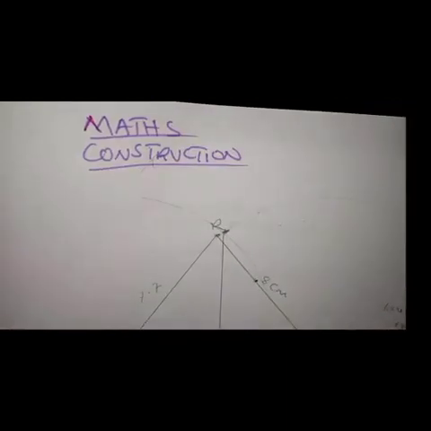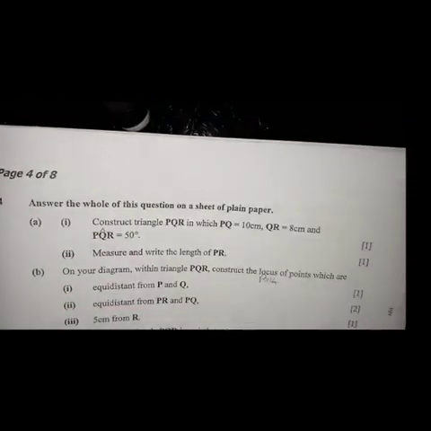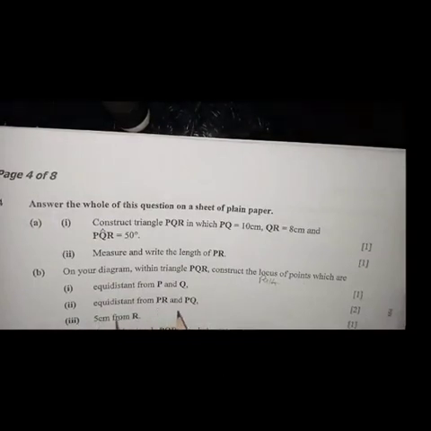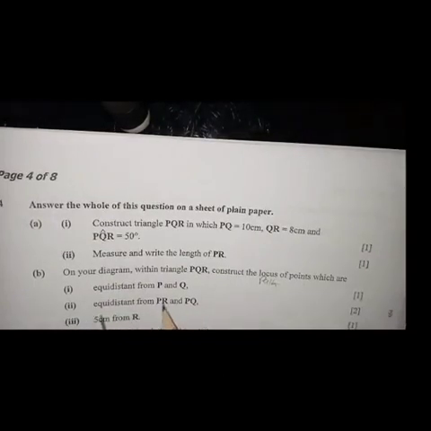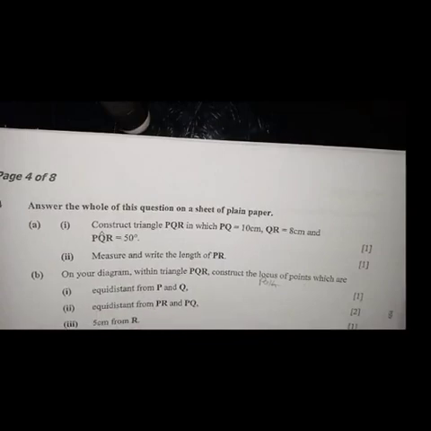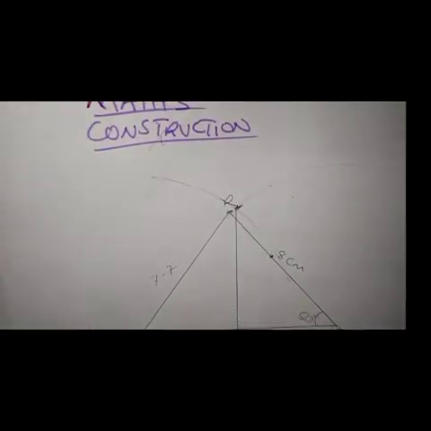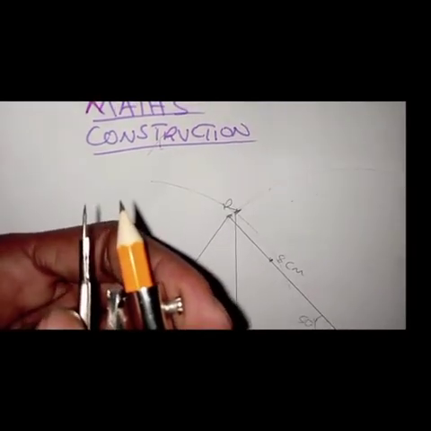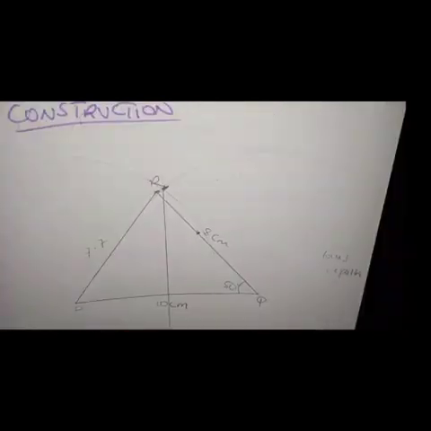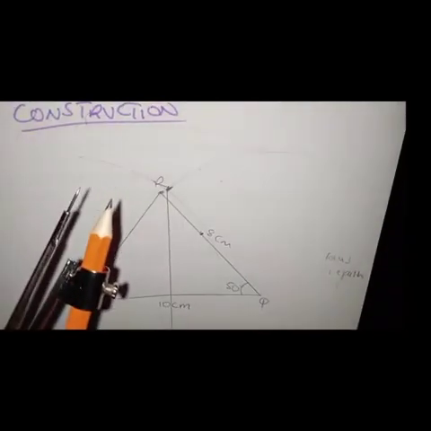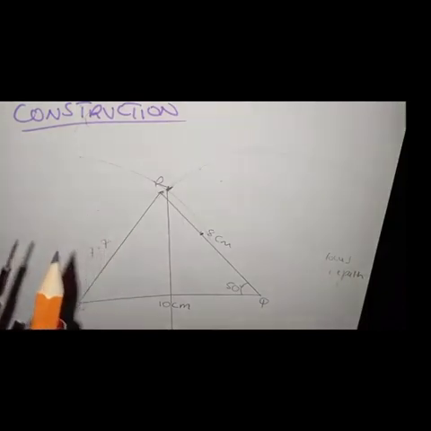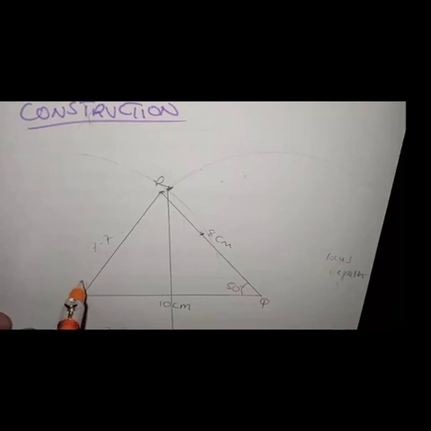So now this is the question you're talking about, PR and PQ. So the middle letter, the common letter, is P. So you go on P, you reduce it approximately, you reduce it this much. So you go on P, you draw your locus.